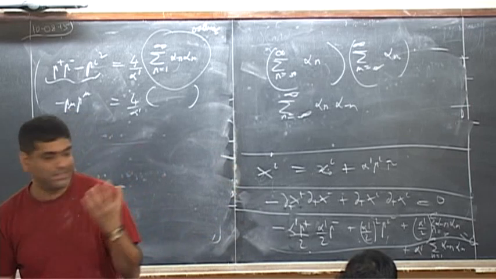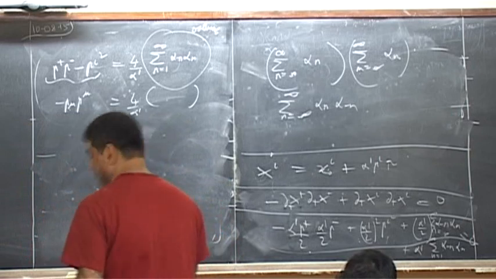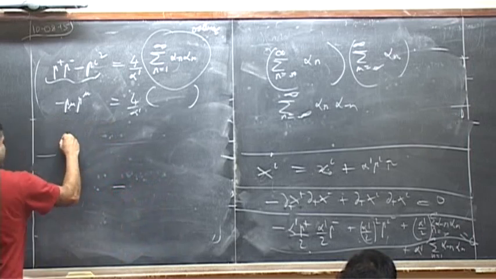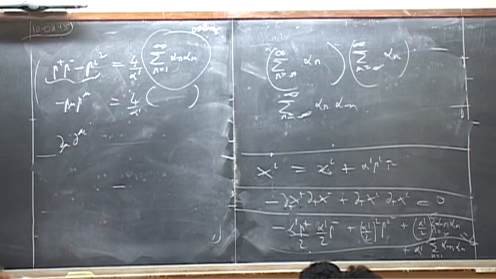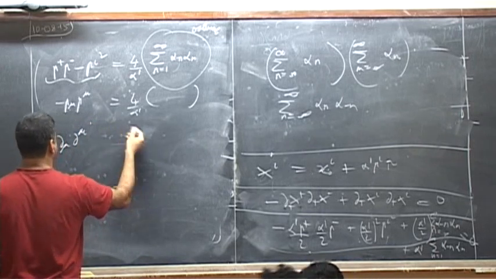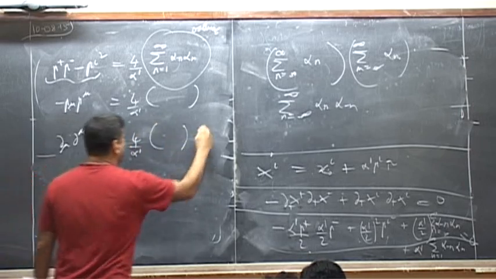The zero mode part of the Hilbert space was wave functions of x mu, and P was implemented by i times derivative. So here you get d mu d mu on the wave function is equal to 4 by alpha prime times the sum on psi.